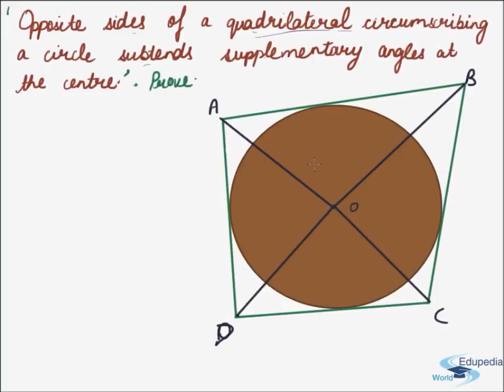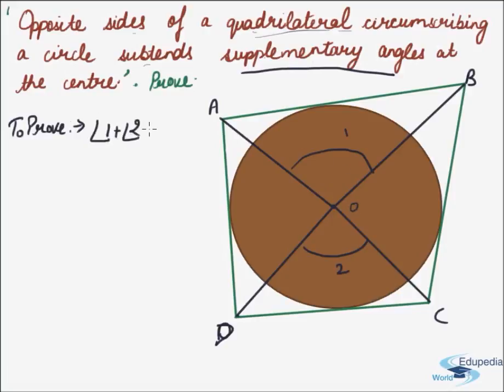Let us label these angles as 1 and 2. We need to prove that opposite sides subtend supplementary angles at the center. That is, the sum total of the angles subtended by opposite sides are supplementary. By supplementary we mean 180 degree.